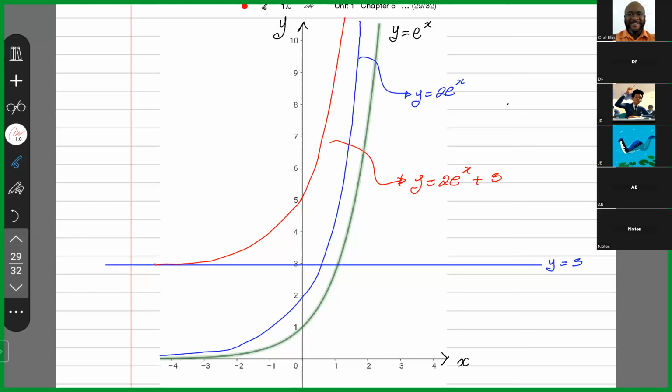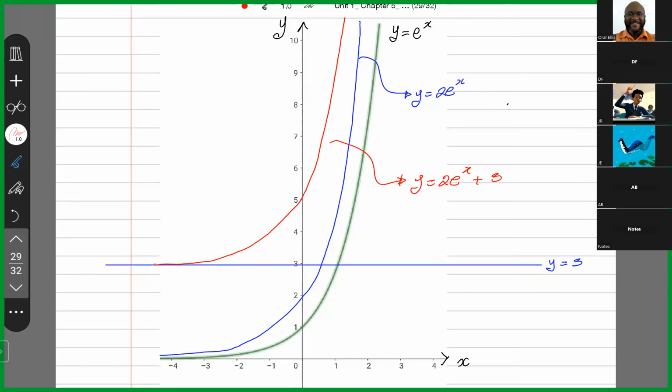All right. So the graph of y is equal to 2e to the x is similar to the graph of y is equal to e to the x. Essentially, for the same value of x, the value of y is going to be multiplied by 2. Now, the graph of y is equal to 2e to the x plus 3 is the same as the graph of y is equal to 2e to the x, but it has been translated 3 units vertically upwards.